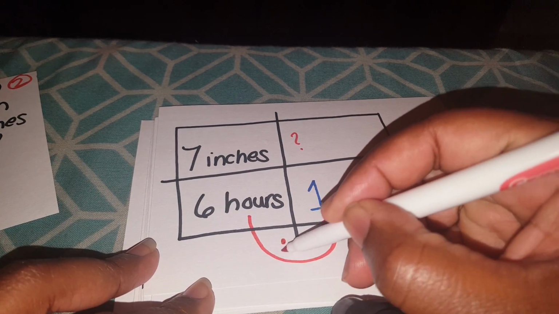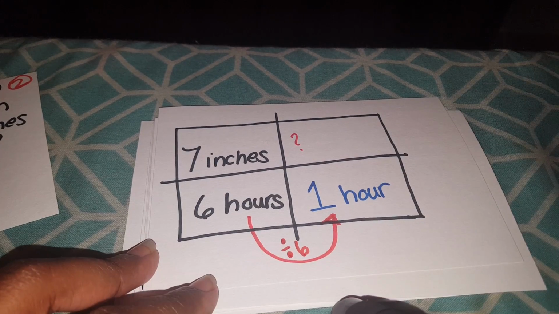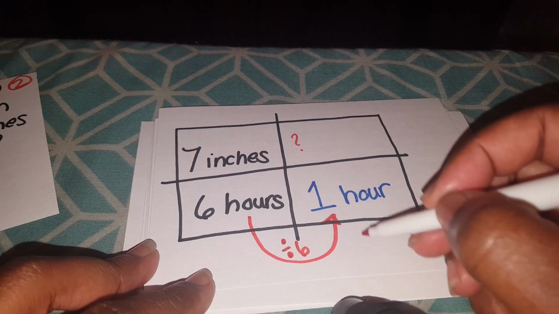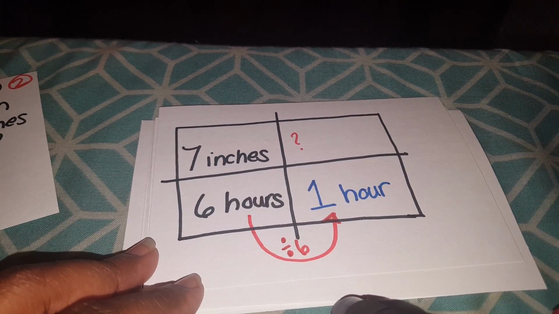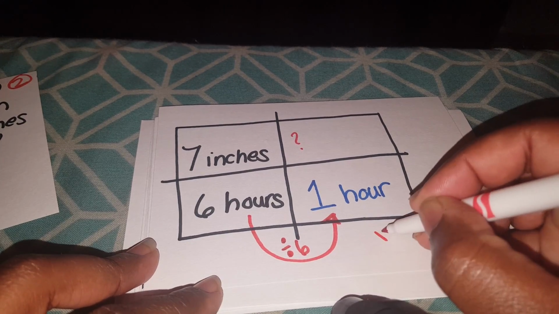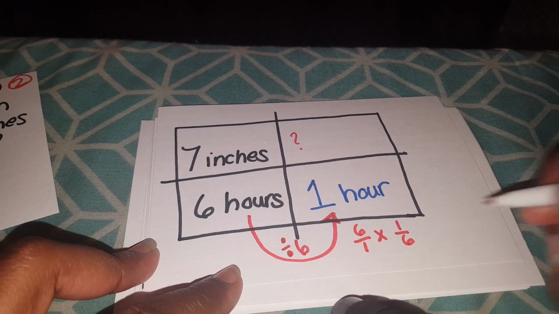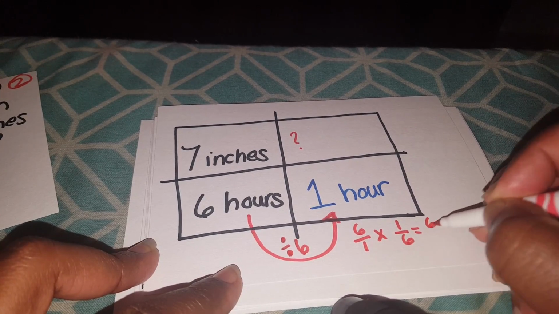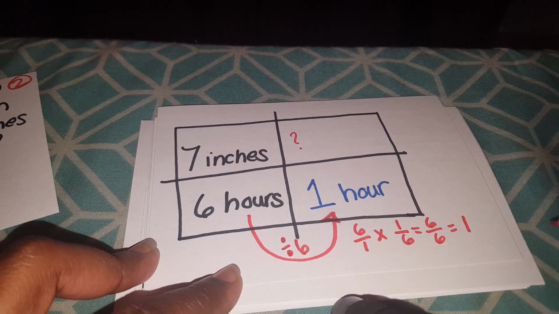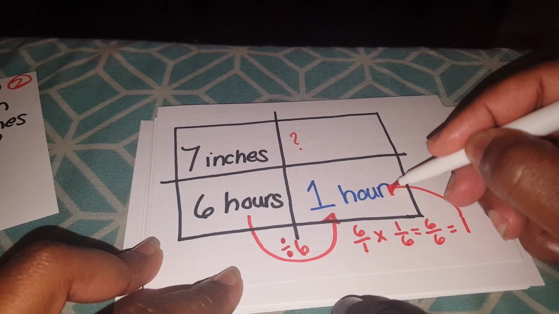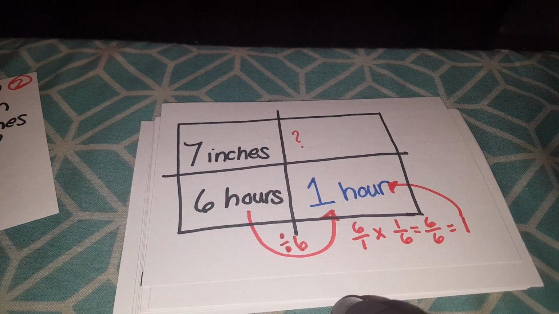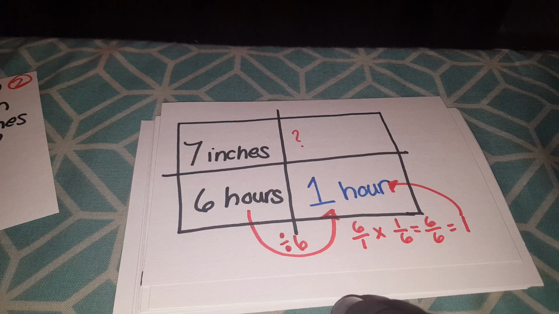We can divide by 6. But remember, we can also multiply by what? We can also multiply by 1/6. Because remember, 6 over 1 times 1/6, that's 6 over 6, which is 1. There's our 1 right there. But right now, we're going to keep it safe. We're going to say divide by 6.